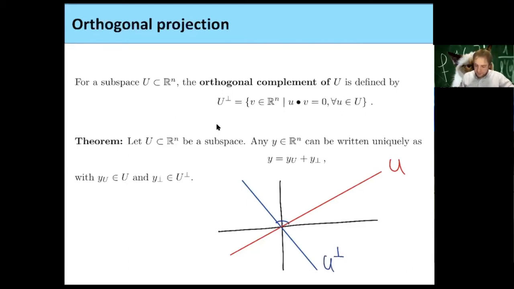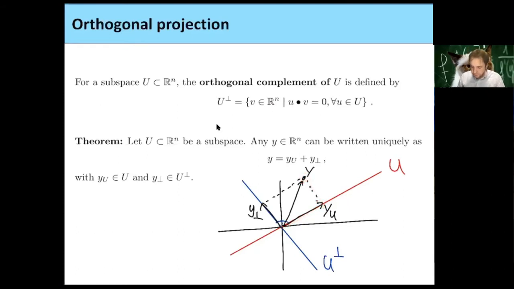And the statement is that any vector y, this vector here, can be written as something in U, but here I can take this vector and I can take this vector here. So here, this is what I would call yu, and this I could call y orthogonal. And then you see clearly this vector here is the sum of this in U plus the stuff in the orthogonal complement.